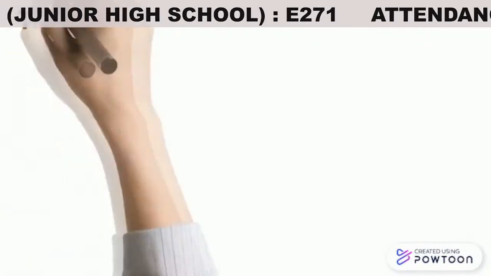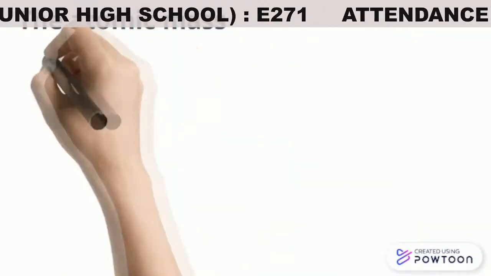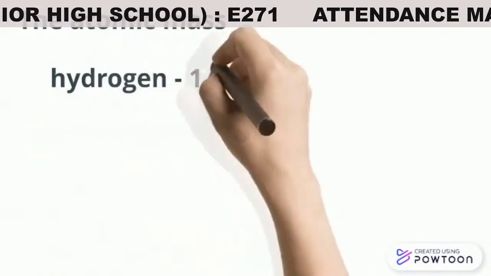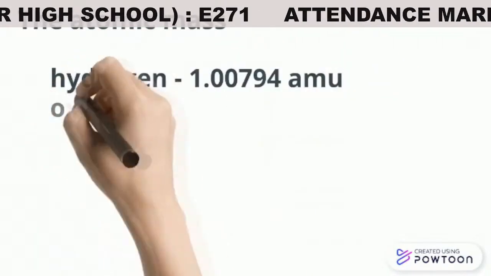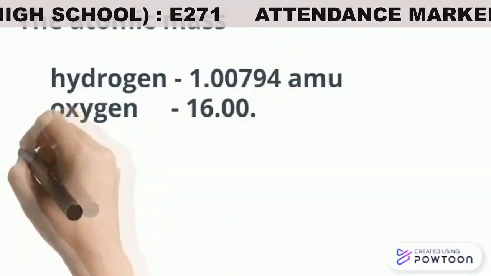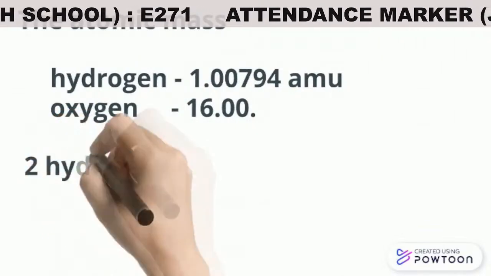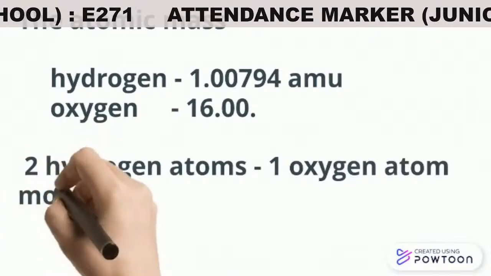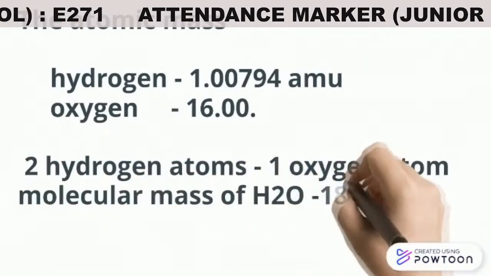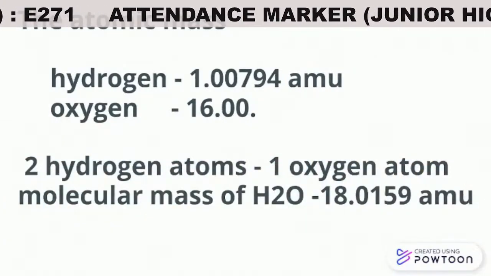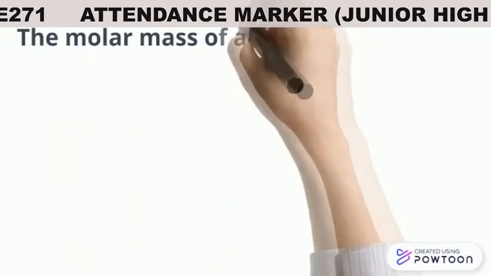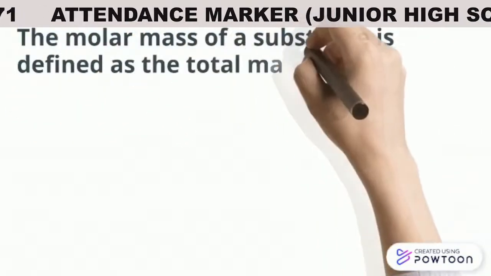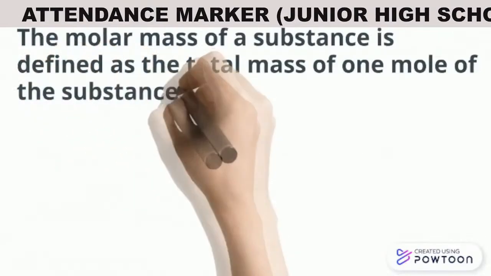The atomic mass of hydrogen is 1.00794 AMU, and that of oxygen is 16. Since water molecules contain 2 hydrogen atoms and only 1 oxygen atom, the molecular mass of H2O is 18.0159 AMU.